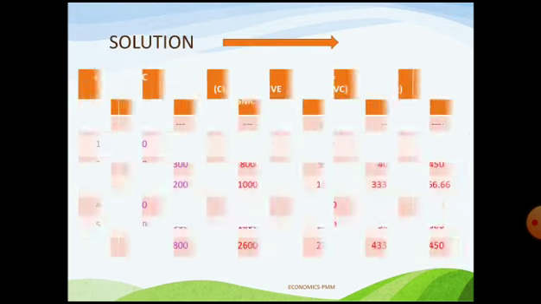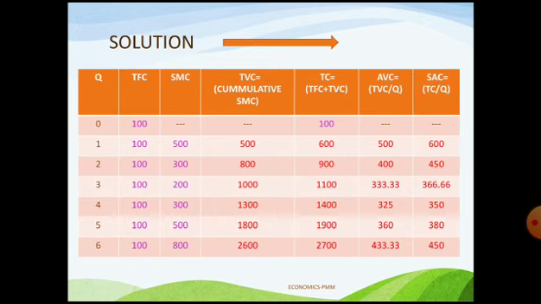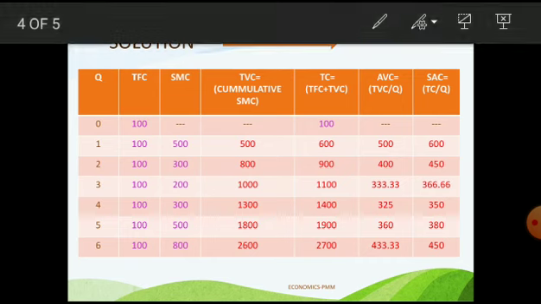The first step here is to note down all the quantities, that is 0, 1, 2, 3, 4, 5, 6, and in the question itself the total fixed cost is given. Even though the output is 0, the total fixed cost is 100, and even as the output is increasing, the total fixed cost remains the same.